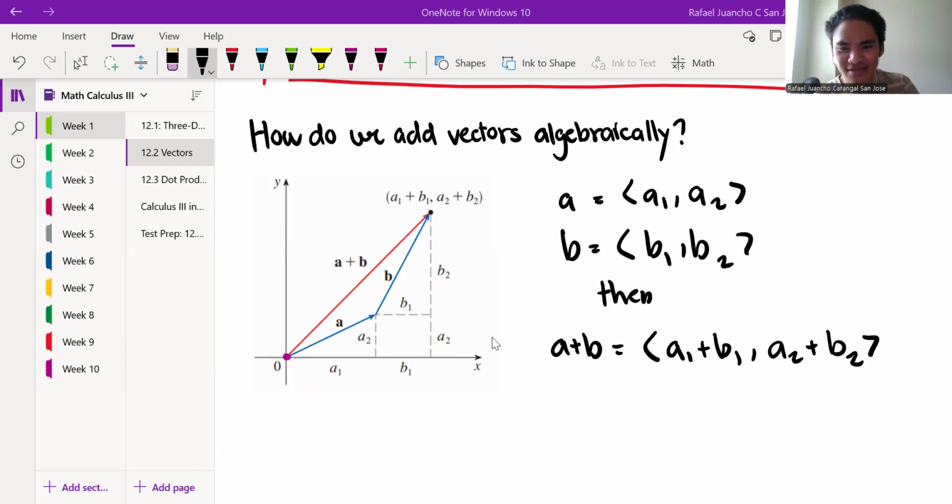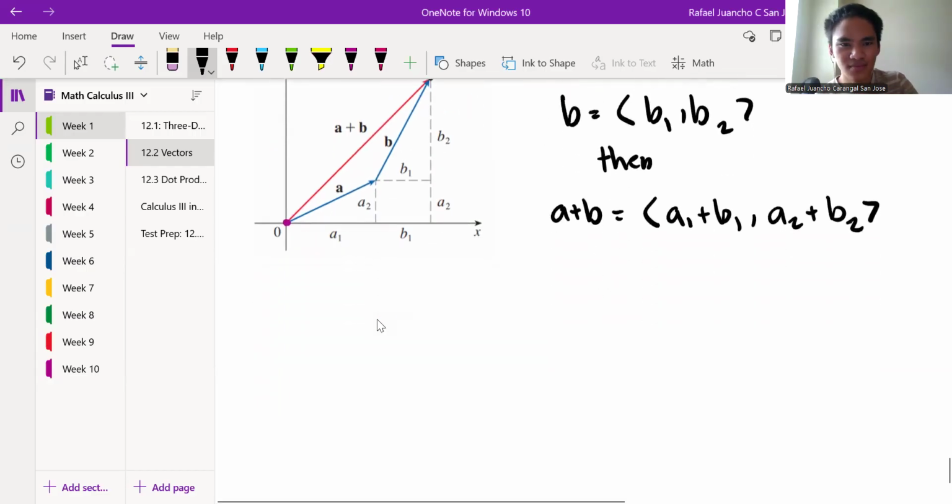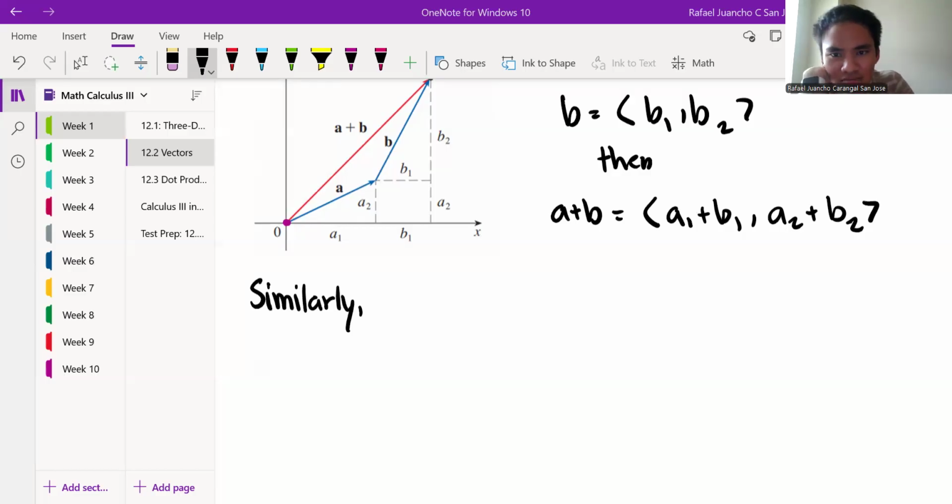Okay, so that's for adding. So similarly, not sure how this is working. To subtract.